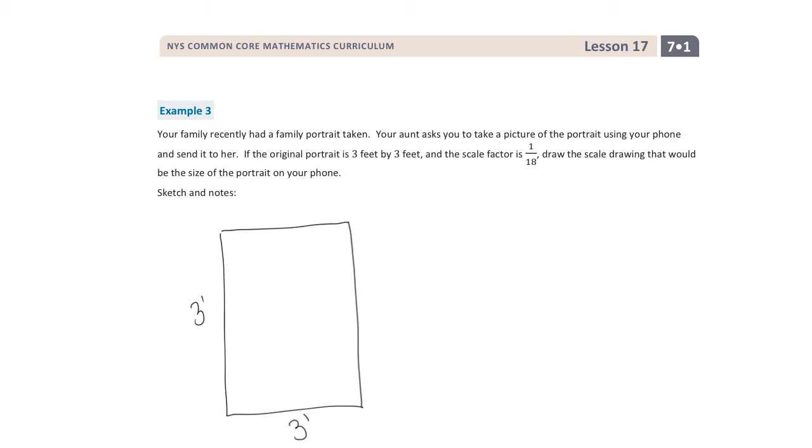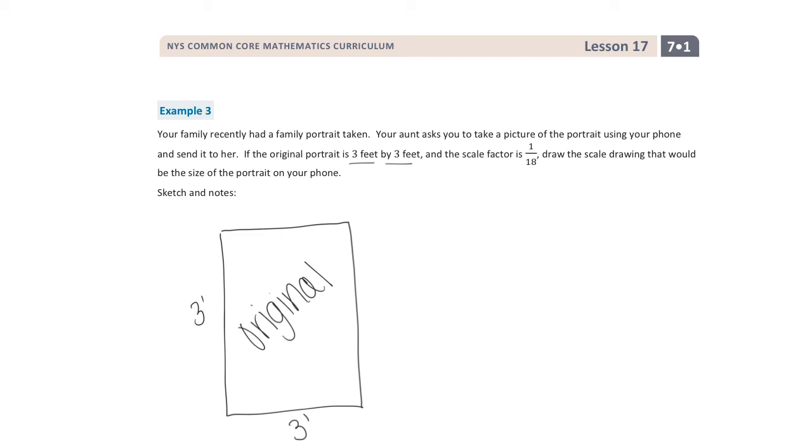All right, so we know our picture is 3 feet by 3 feet. That's why we have these 3's labeled on the side. And now we're going to label this drawing as our original. Now in our problem, it says that the scale factor is 1/18.